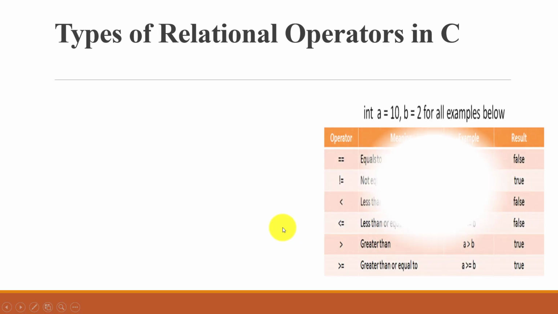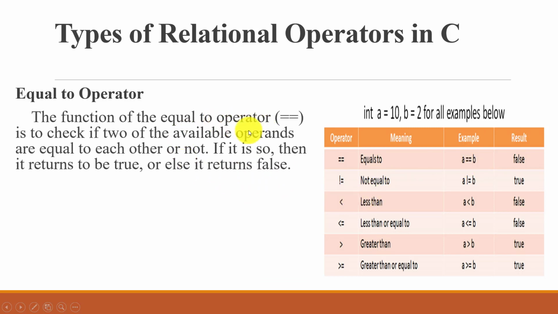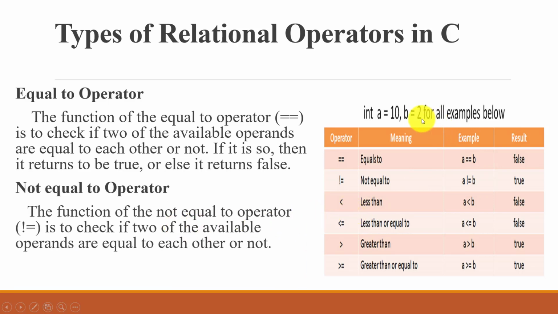Now let's understand one by one. First, the equal to operator. For example, if A is equal to B, this checks the two variables, that is operands A and B. If it is true then it returns true. If not, then it returns 0 or false. The next operator is not equal to, and an example is if A is not equal to B. Here A's value is 10 and B is 2.